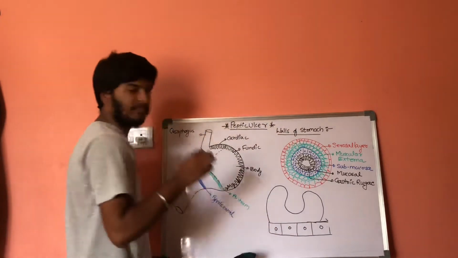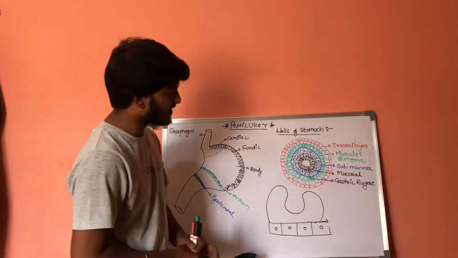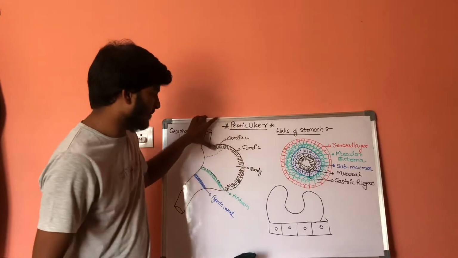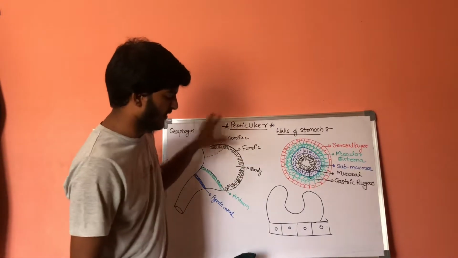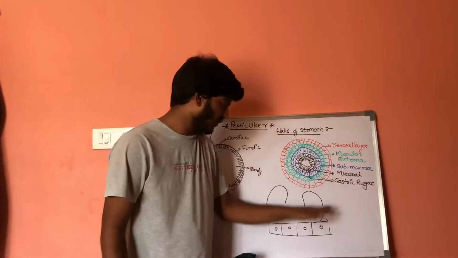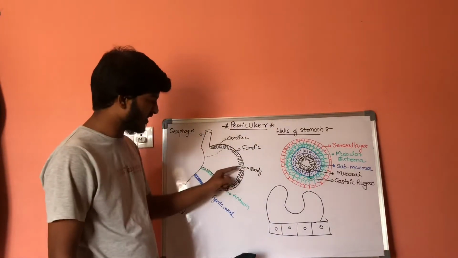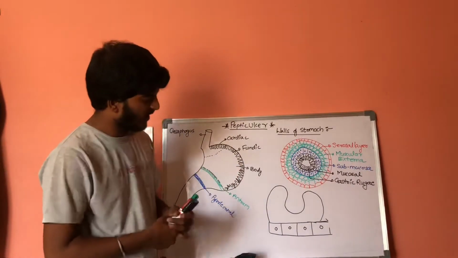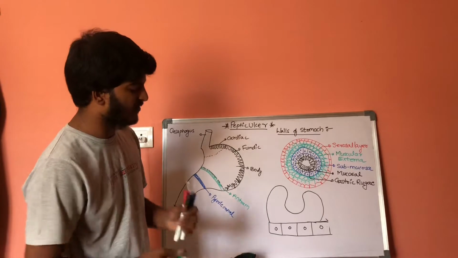Let us consider some cells which are present here. Let us consider this is some part of cardiac stomach, pyloric stomach, fundic stomach. These are the mucosal cells of cardiac stomach, fundic stomach and some part of the body, and these are the gastric rugae present here. So let us consider some different types of cells here.